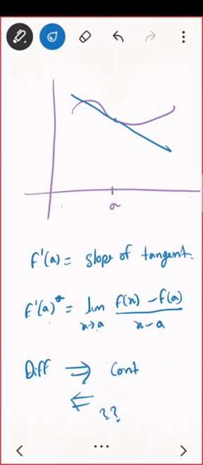There should be a proper answer. Differentiability implies continuity, or continuity implies differentiability, or both the things are same. Okay, and continuity does not imply differentiability, correct? So this is wrong. This is false.